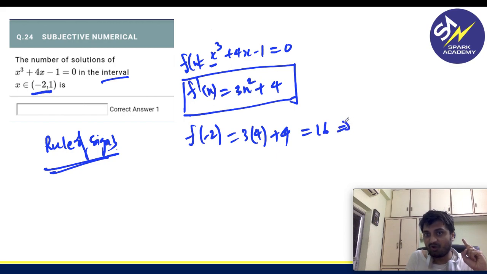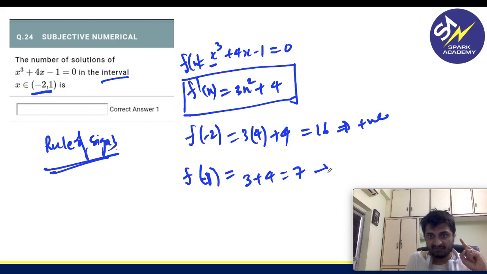So we are getting a positive sign. Now substitute minus 1. 3 into minus 1 square, 3 plus 4, 7. Again we are getting a positive sign. Correct?